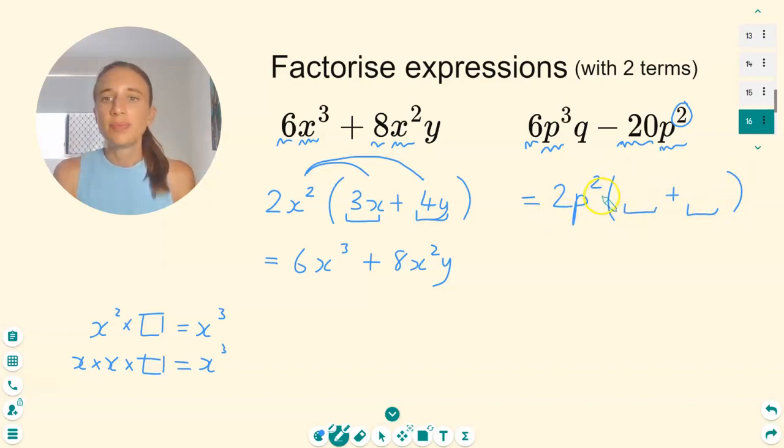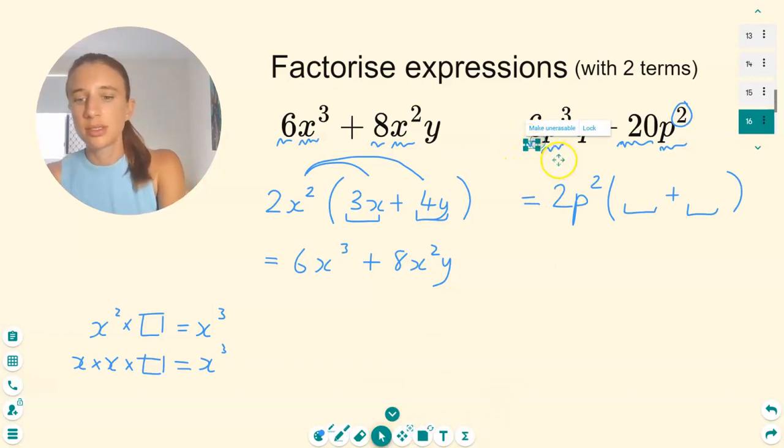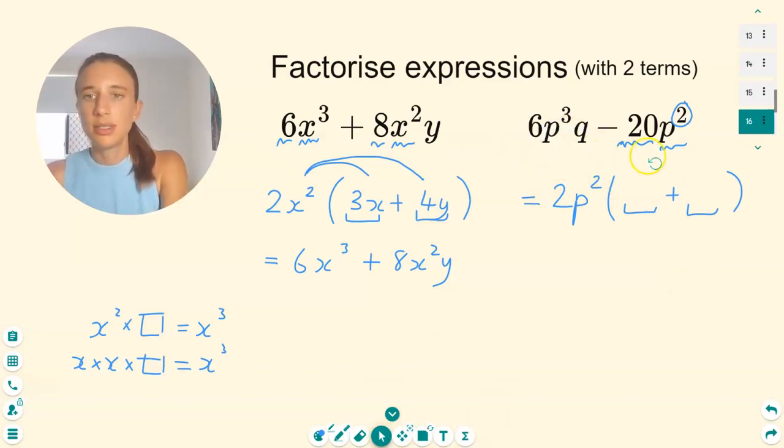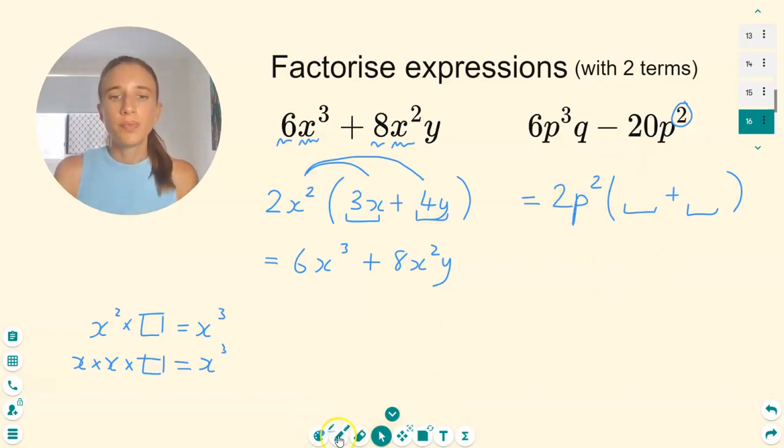2p squared times what will give me this first term? It seems hectic, but it's okay. Look at your coefficients. 2 times what gives me 6? 2 times 3 gives me 6.